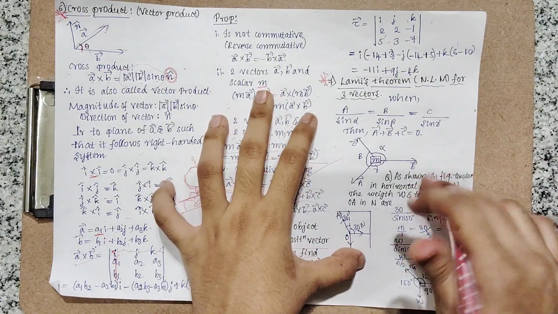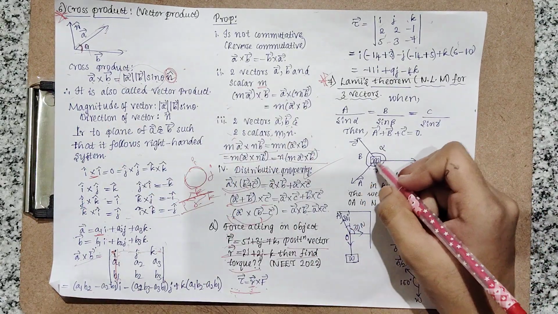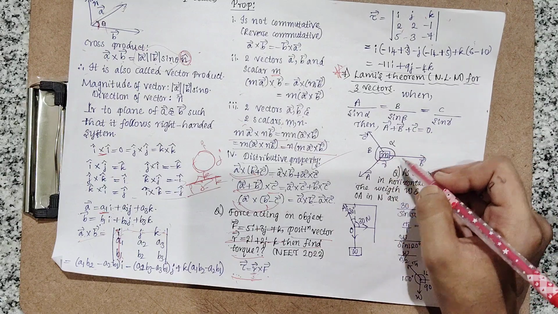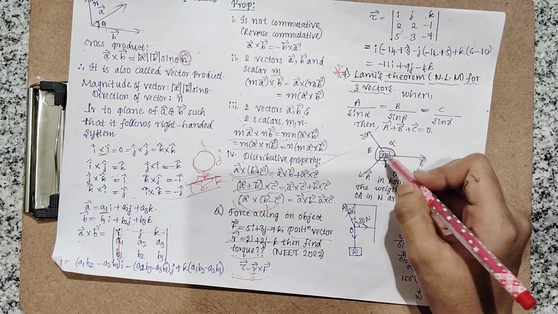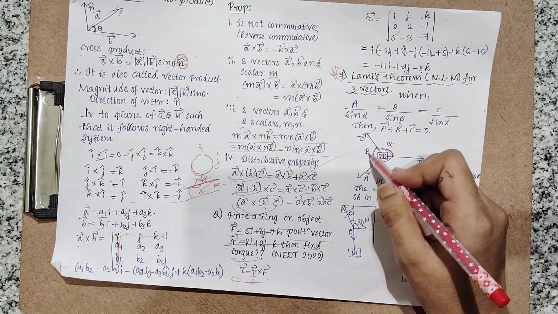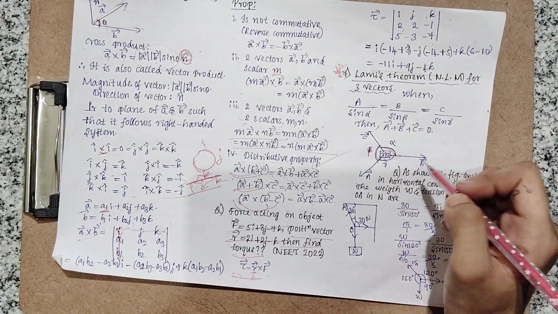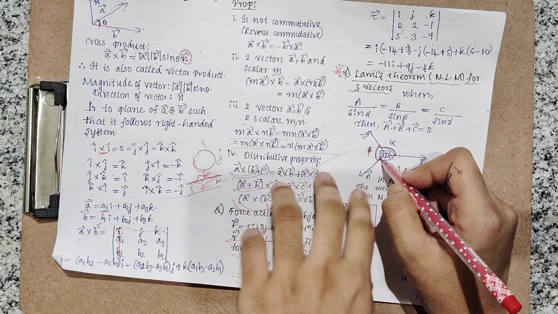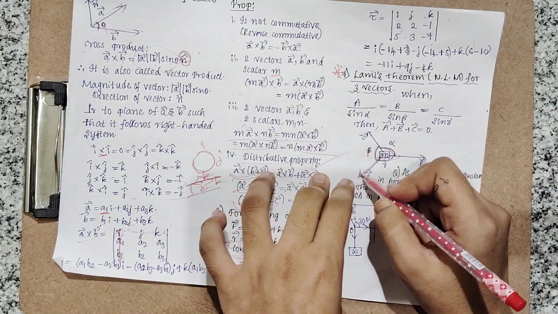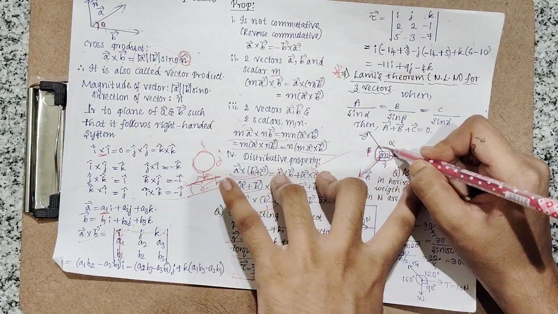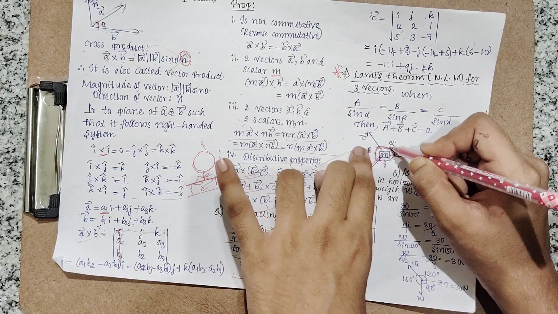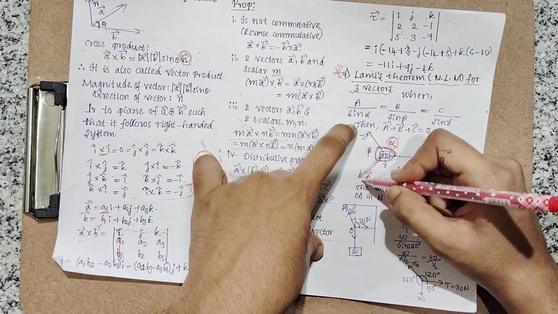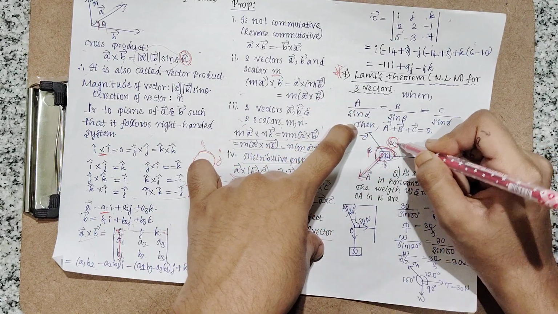Let us suppose there is a block of mass m. This is your vector a bar, this is your vector b bar, and this is your vector c bar, and the angle here is alpha, the angle here is beta, and let the angle here be gamma. Then what does Lami's theorem say? Each vector is divided by the sine of the angle opposite to it.